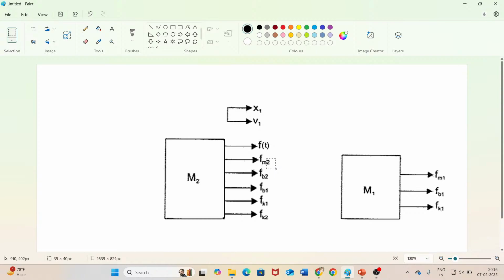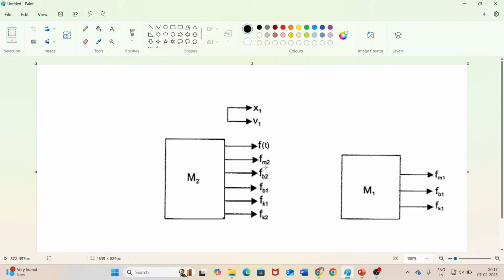So here it should be x2, not x1. So I'm not satisfied with this. I will take another 2.